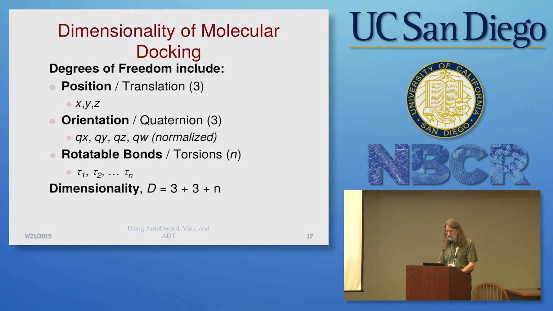Okay, so let's talk about the dimensionality a little bit. We're optimizing a bunch of different parameters, right? We have some parameters defining where the ligand is and what its orientation is, 6 degrees of freedom there. And then however many rotatable bonds we have in it are adding additional levels of dimensionality that we have to search.